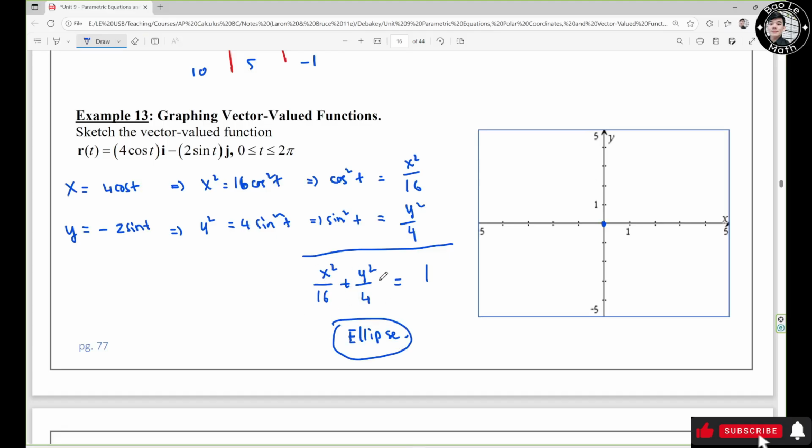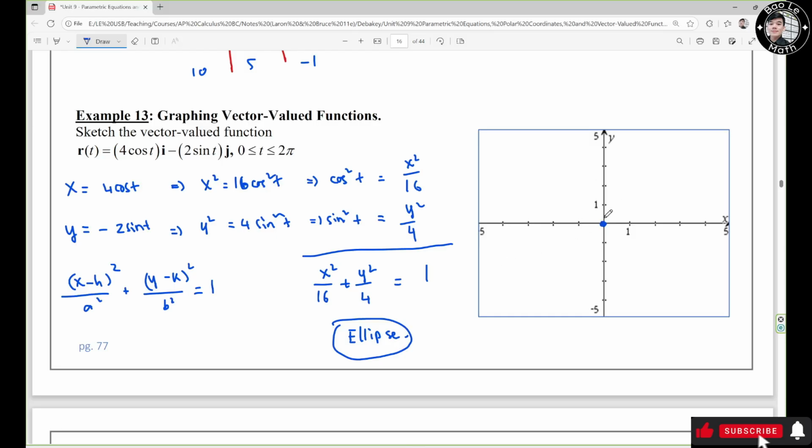Observe that this is a horizontal ellipse with the equation (s minus h) squared over a squared plus (y minus k) squared over b squared equals 1. The center is (h, k). Observe that the center in this situation is 0, so the ellipse has its center at the origin.